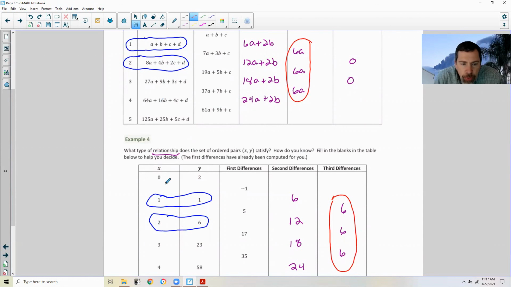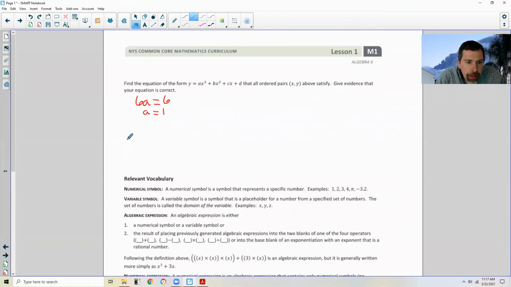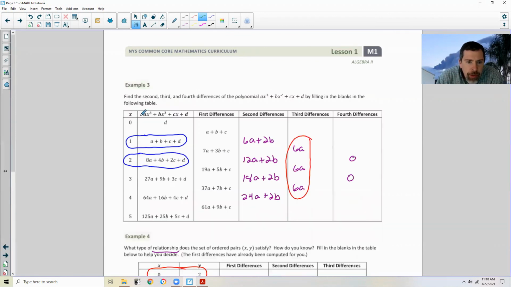So if I have the point 0, 2, this first point right here, 0, 2, it satisfies the equation.